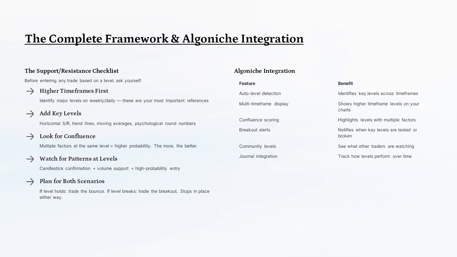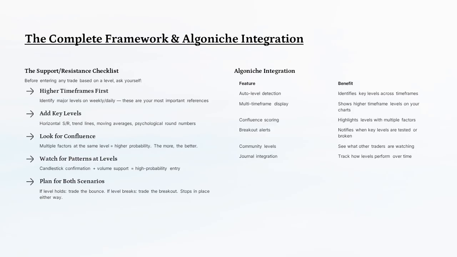Fourth, wait for price to approach a key level. Watch for candlestick confirmation. Fifth, execute your trade with proper risk management. Stop beyond the level. Target the next level. Sixth, record the trade in your journal. Note whether the level held or broke. Over time, you'll build a record of what works for you.